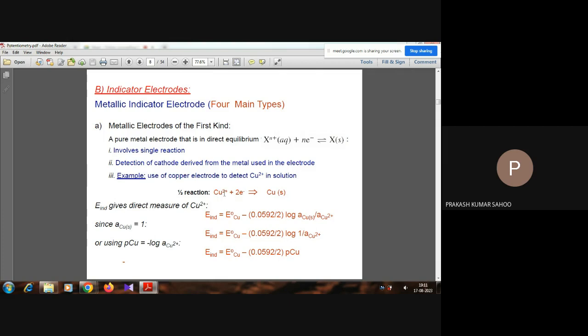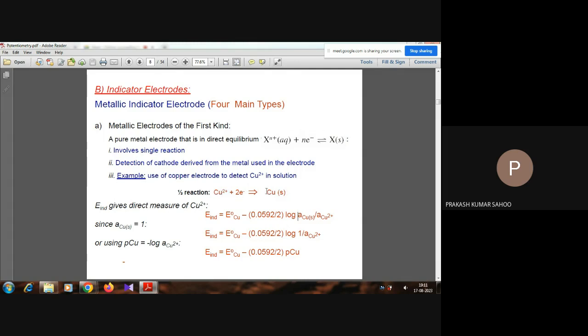For example, copper 2+ gets electrons to give copper solid, and the electrode potential of the indicator electrode equals E0 copper minus 0.0591 by 2 log of concentration of copper solid, that is product by reactant, because this is minus, so this will be product by reactant. Product means copper solid divided by copper 2+.